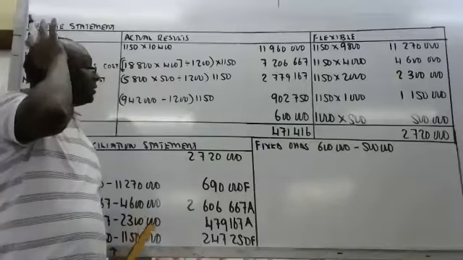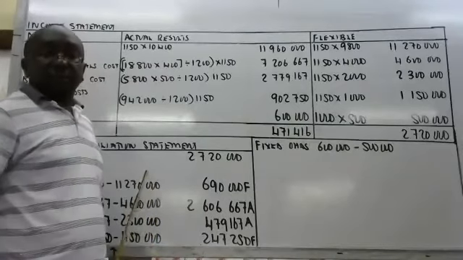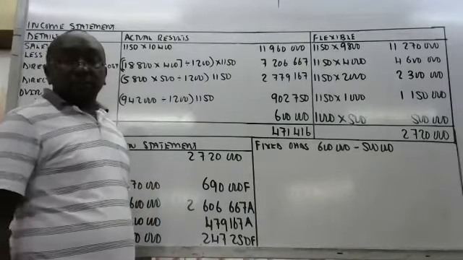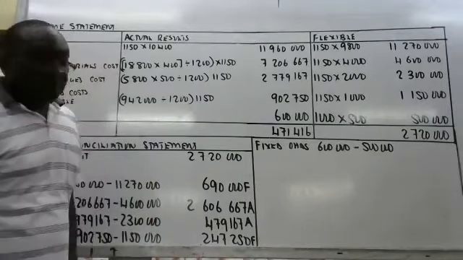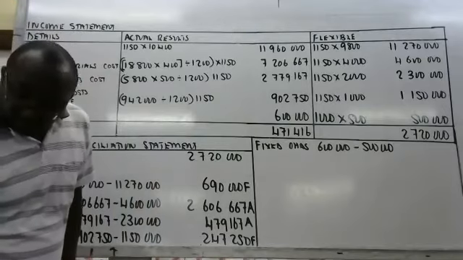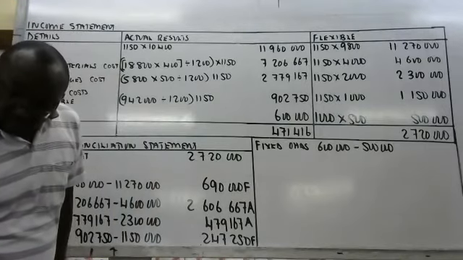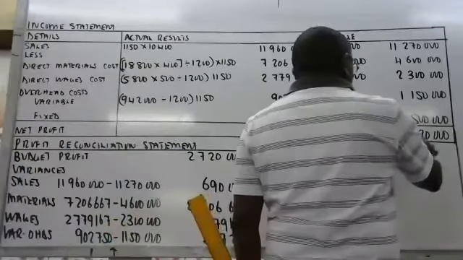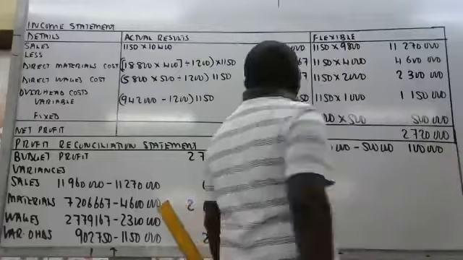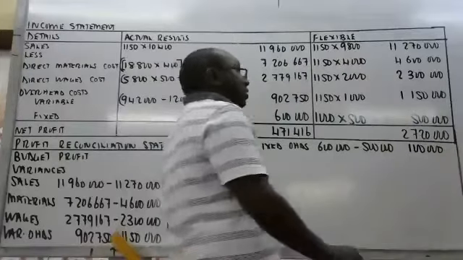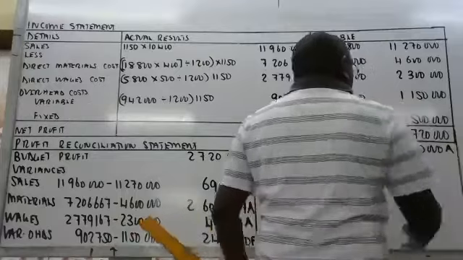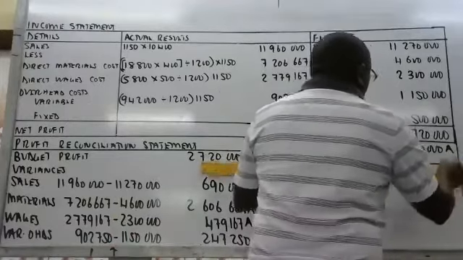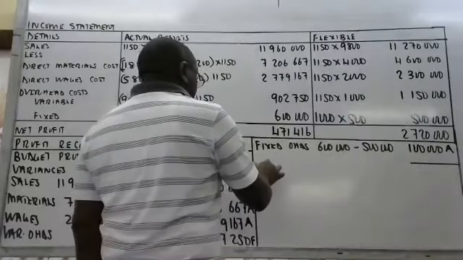The difference, $100,000. And you can see it's adverse because we spent more. So based on that, we should now get the actual profits.